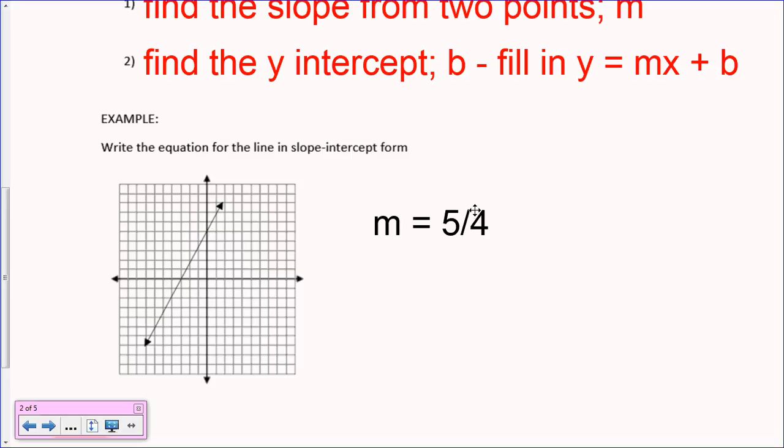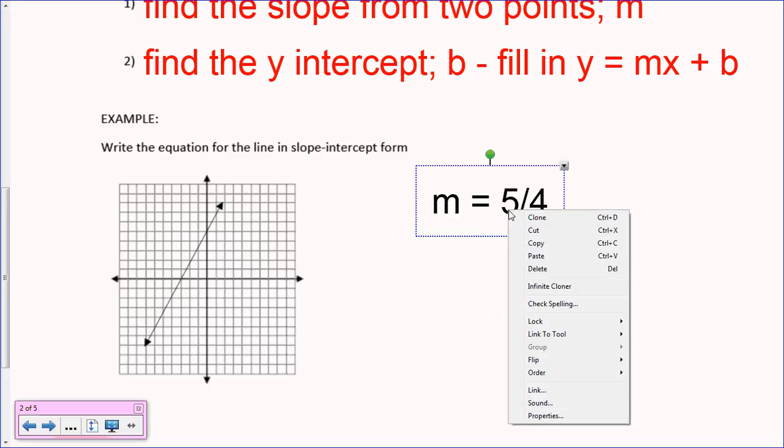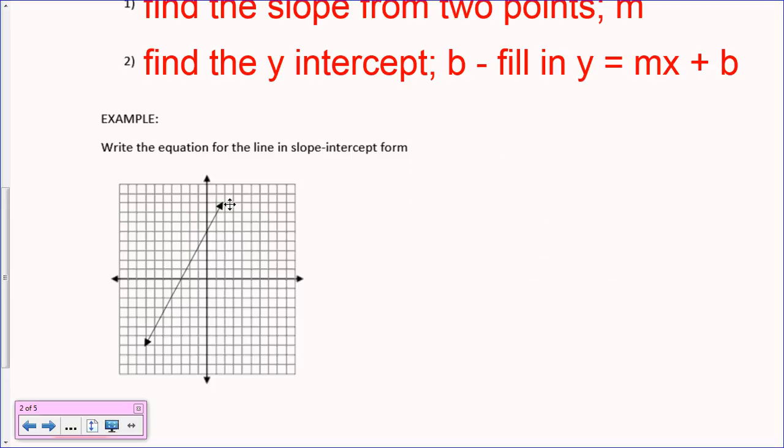Oh, maybe just 3. It's supposed to be 5/3. Gosh, I know, you guys are right. 5/3, it shouldn't be that. Delete. Delete. There we go. 5/3. My y-intercept is there, though.